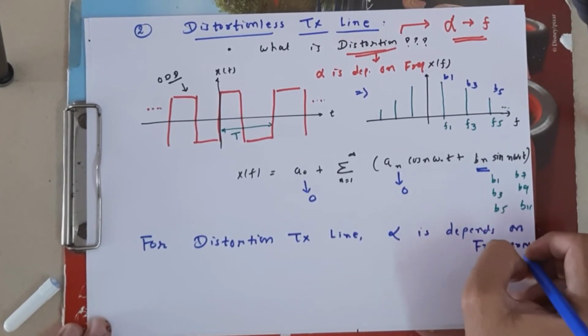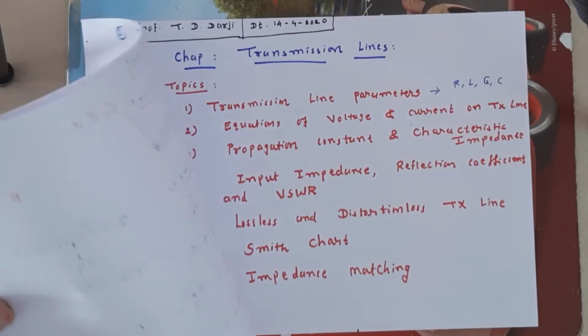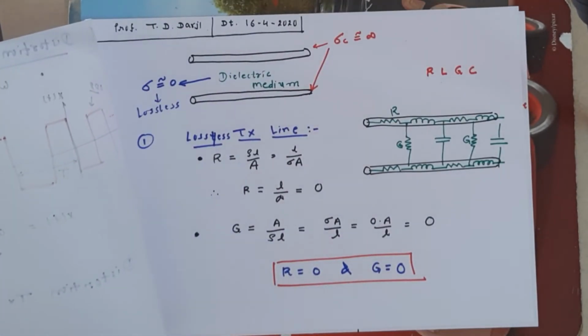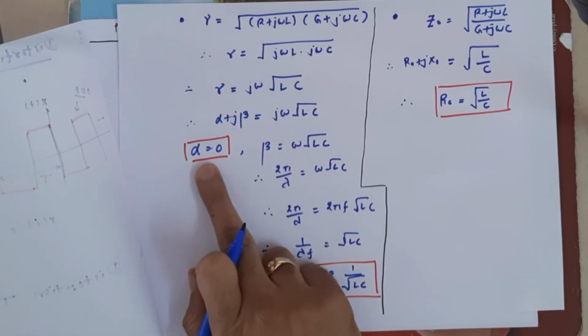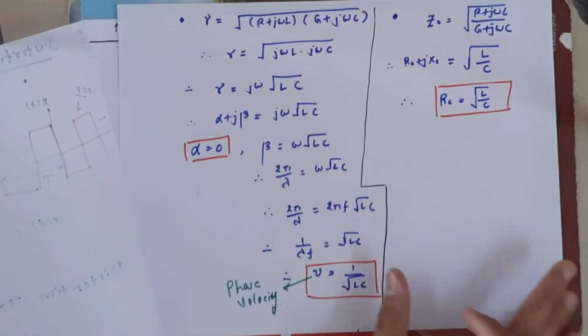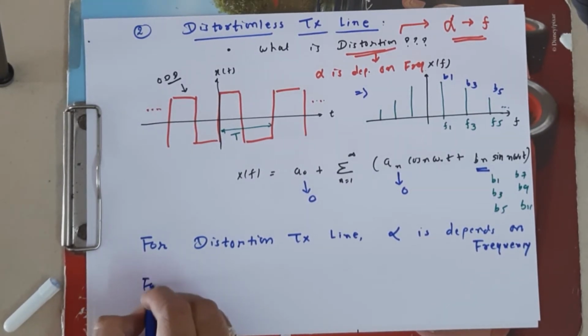In the earlier case, what is the value of alpha in the lossless transmission line? In a lossless transmission line, the value of alpha is 0. There is no attenuation. But in this case, for the distortion line, the value of alpha depends on frequency.